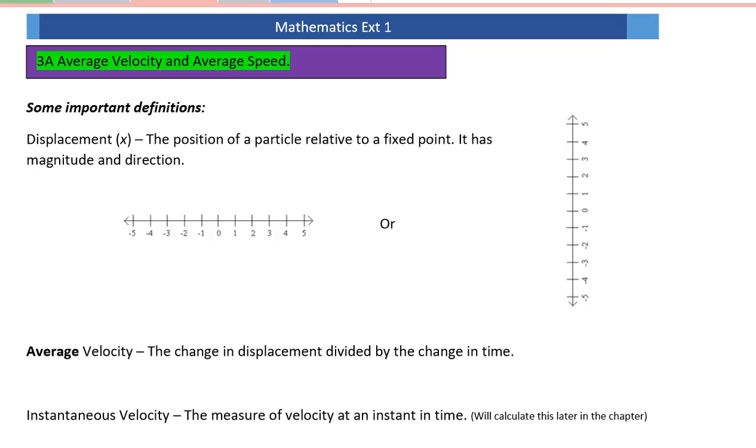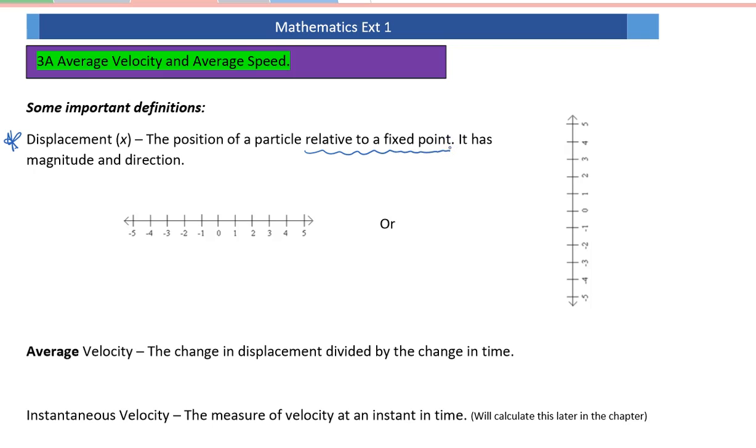But before that, because velocity and speed rely on some other dimensions, we need to introduce those and make sure you understand them. It's important that you understand displacement. So what is displacement? By definition, it's the position of a particle relative to a fixed point.